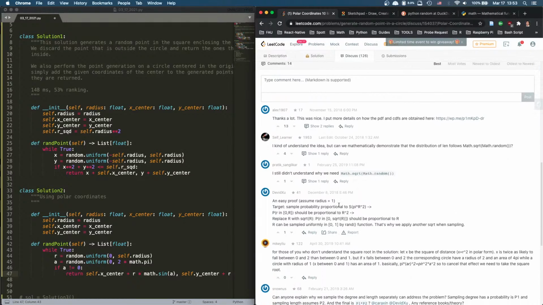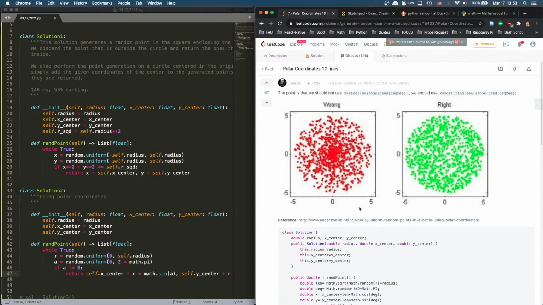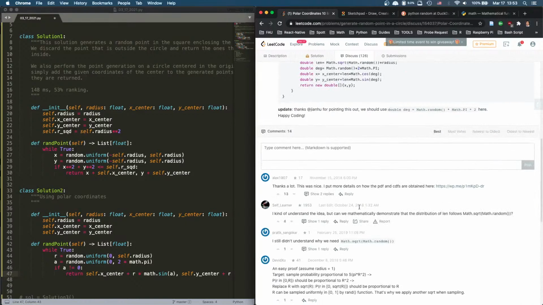All right, as an easy proof, sample probability proportional to this. Oh, so it's proportional to pi r squared. Proportional to pi r squared.